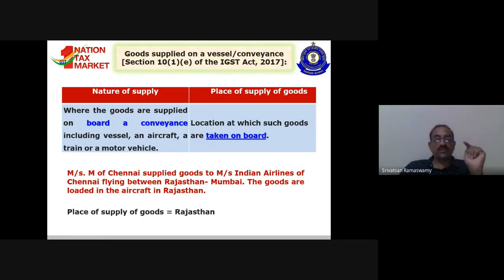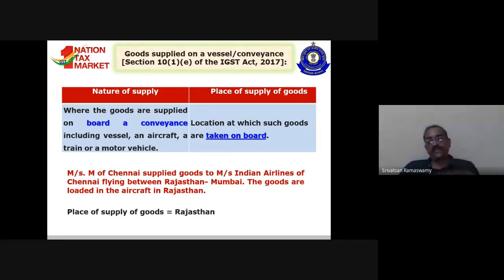Here both M is located in Chennai and the Indian Airlines office is registered in Chennai. So generally we would think that it is an intrastate transaction because both the supplier and the recipient are in the same state. But this is an exception. Whenever goods are supplied on board a conveyance, the location at which they are taken on board will decide the place of supply.